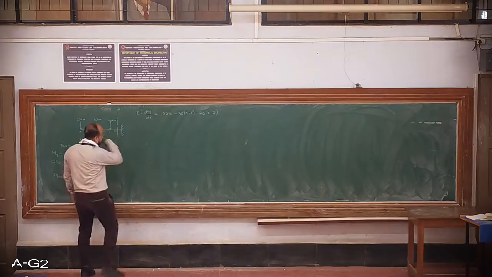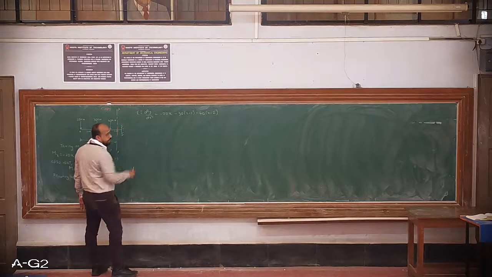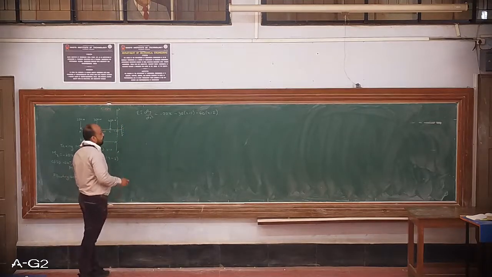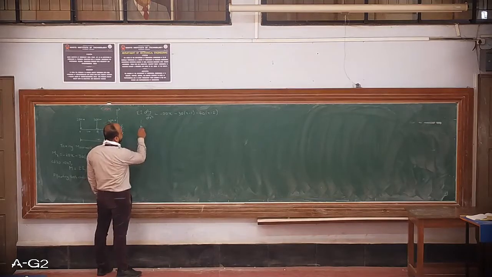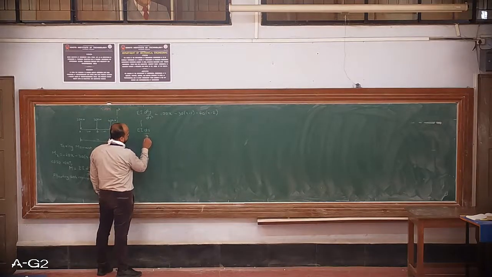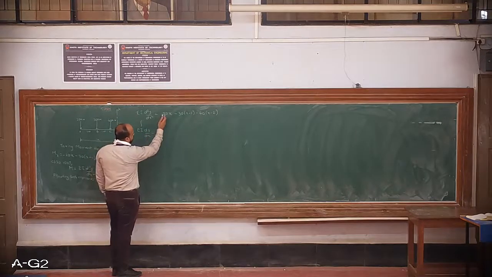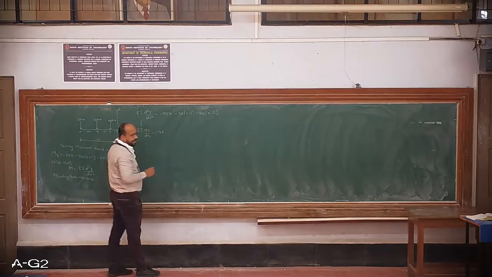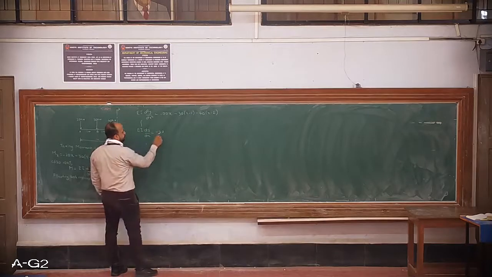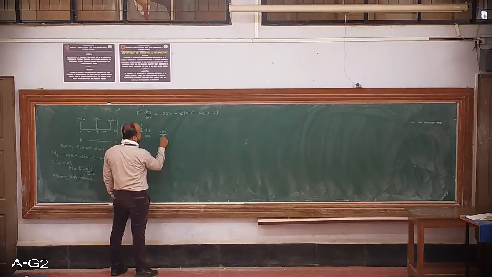Next, what do I have to do? I want slope and deflection, both. So how do I get slope? I need to integrate. So integrating, EI dy by dx is equal to minus 20, which is a constant, times the integration of x, which is x square by 2.